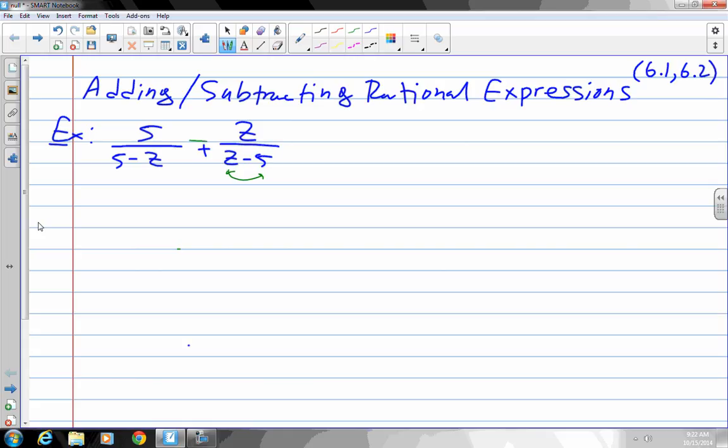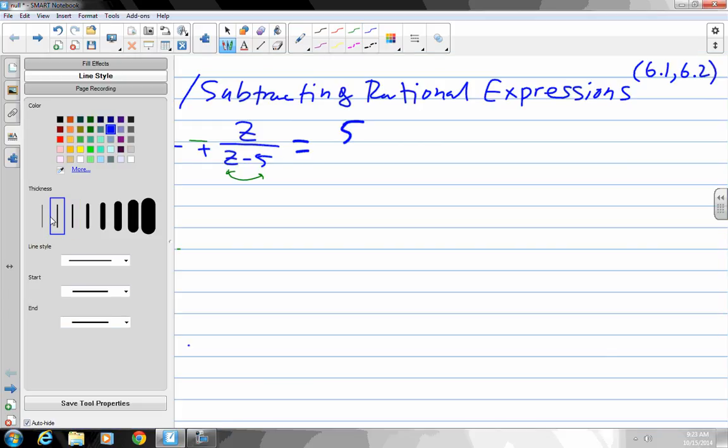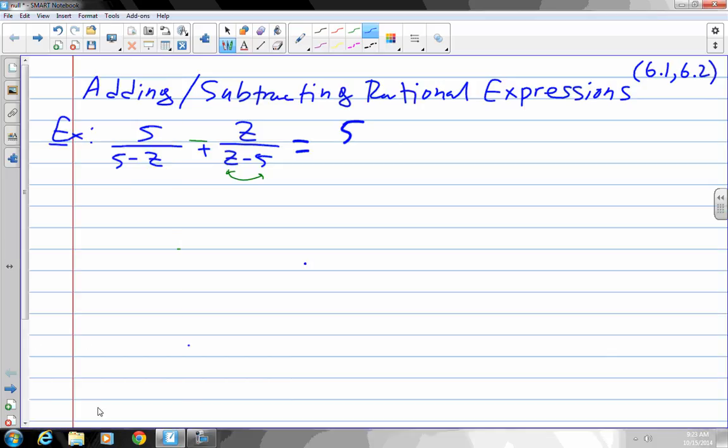The sign changes. If you flip around the minus, the sign changes. So now the denominators are the same, so it's just 5 minus z, and the numerator is also 5 minus z. So what does that equal to? 1. If the numerator is identical to the denominator, the answer is 1.